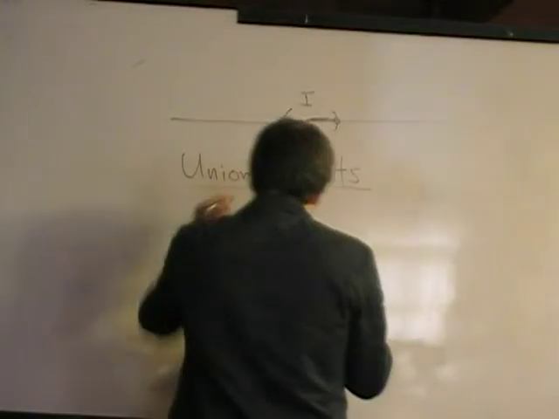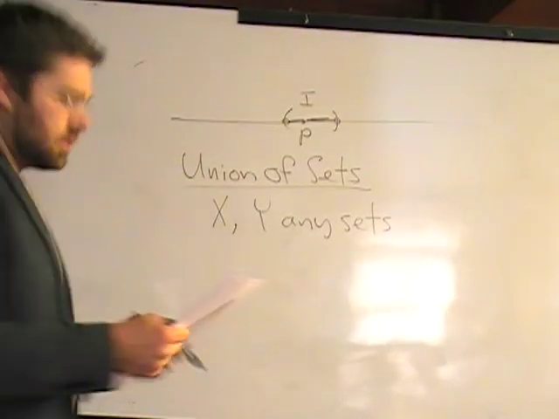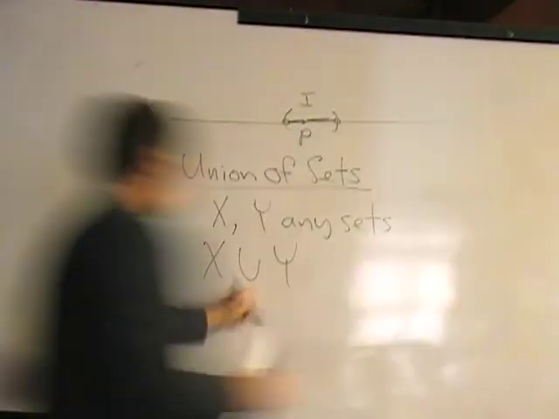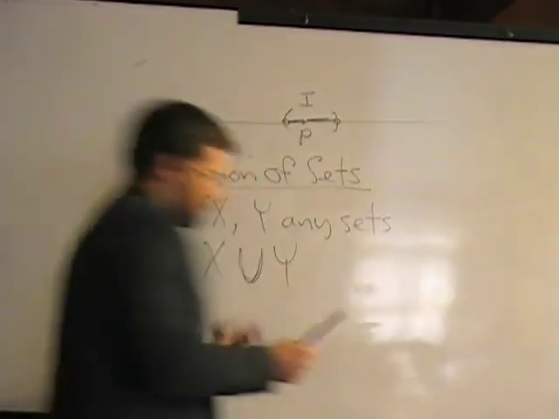So in fact, X and Y are any sets. When we write this, X with a big U in between, it stands for union.